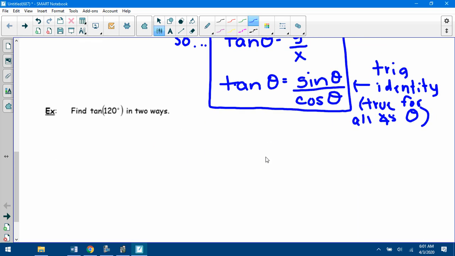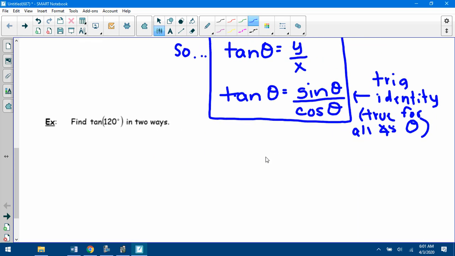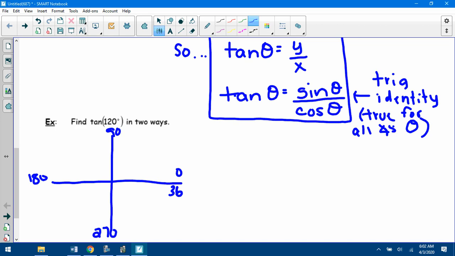I want to explain this tangent thing a little bit more. So it says down here, find tangent of 120 degrees in two ways. If I asked you to find tangent 120 yesterday, what would you have done? You would have drawn this out. So 0, 90, 180, 270, 360. You'd be in which quadrant? Over in quadrant 2.